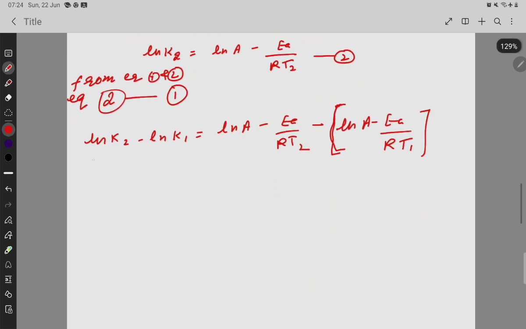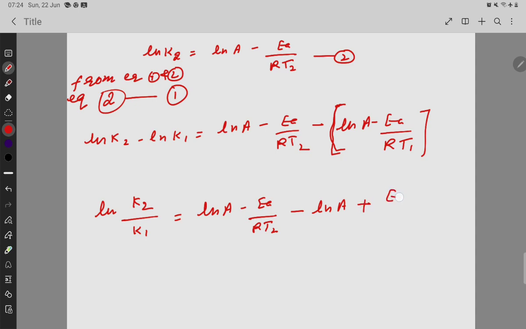Now ln k2 minus ln k1 gives ln k2 upon k1, which is equal to ln A minus Ea upon RT2 minus ln A, minus minus, that is plus Ea upon RT1.